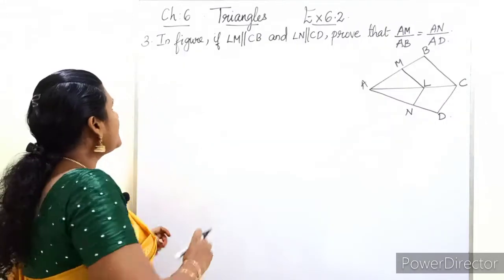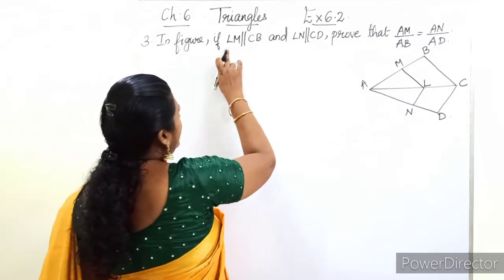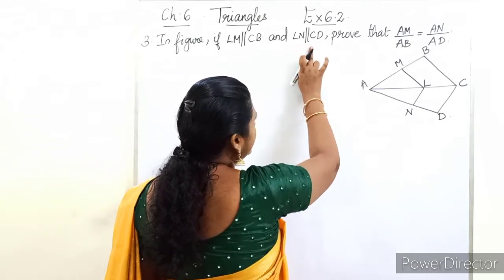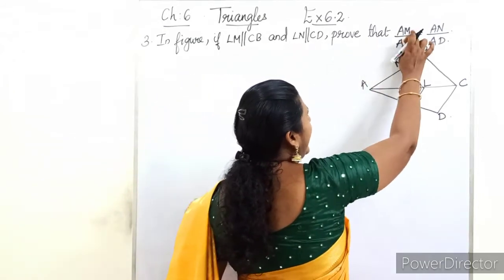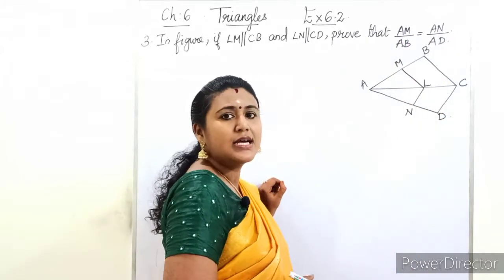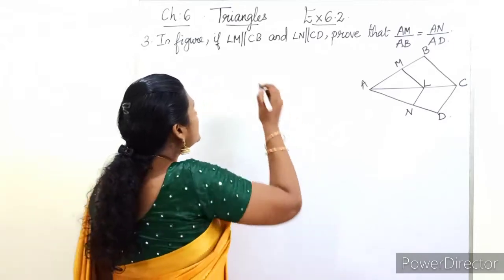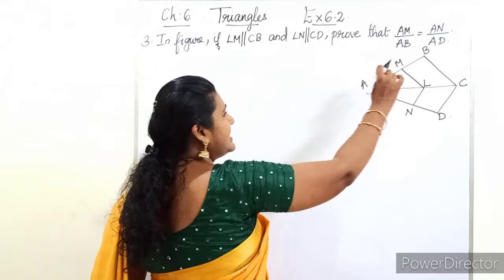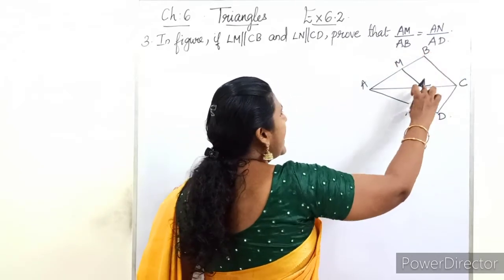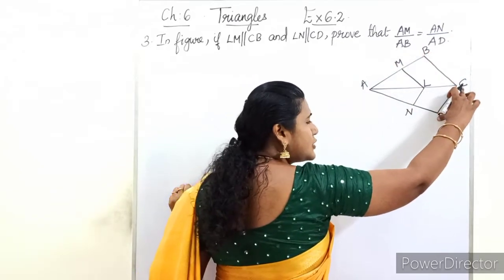Question number 3. In the figure, if LM is parallel to CB and LN is parallel to CD, then prove that AM by AB is equal to AN by AD. So in this question, these two conditions are given: the line LM is parallel to BC and LN is parallel to CD.